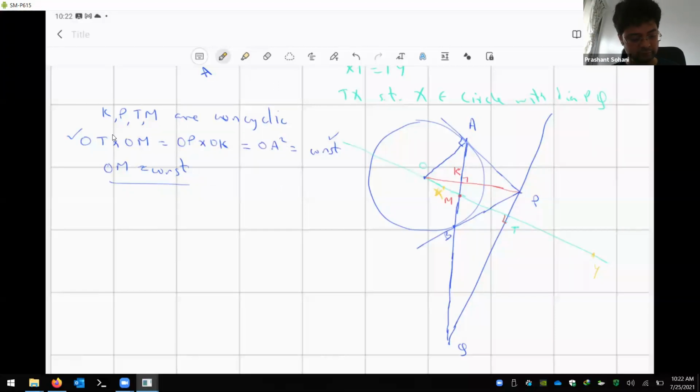So next you draw it. So we actually constructed the circle with diameter PQ. I was avoiding doing that actually, but anyway, let me do it.